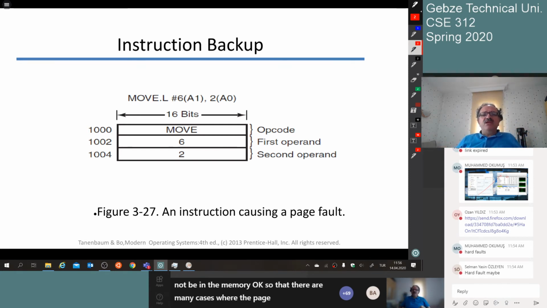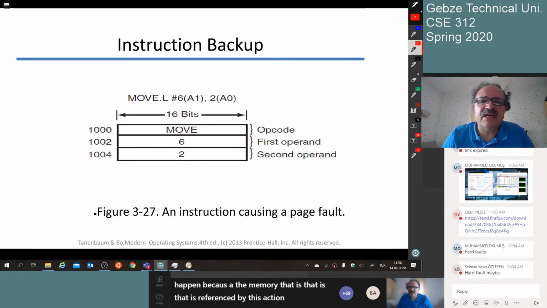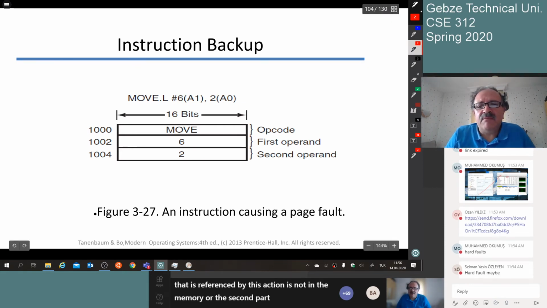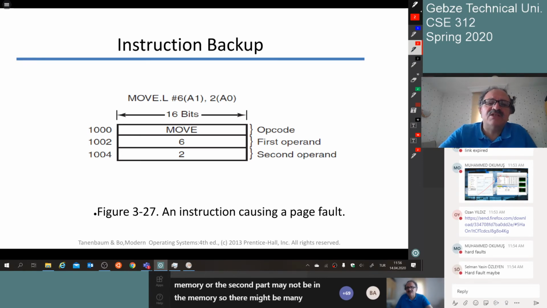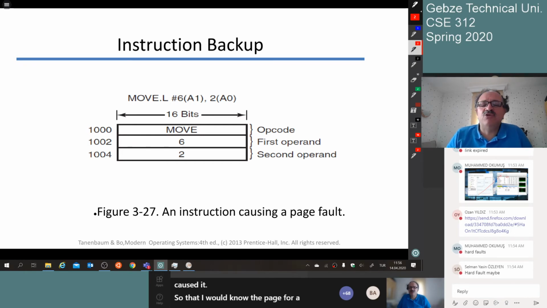It can happen because some part of the instruction is in the memory and some part is not, because the memory referenced by the instruction is not in the memory, or the second part may not be in the memory. So it is important to know which one has caused it, so that I would know the page that needs to be loaded.